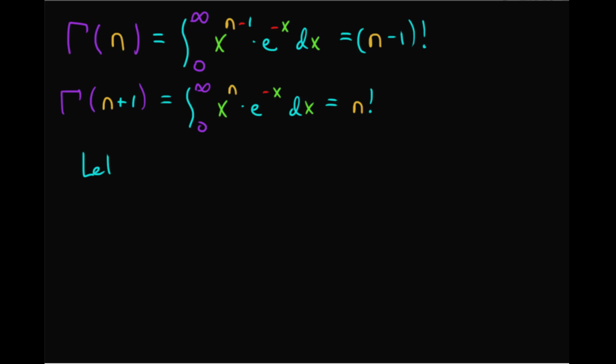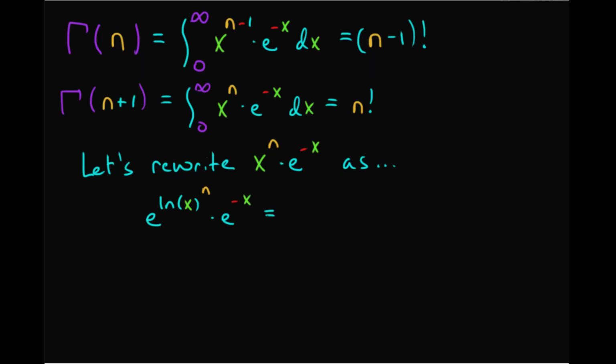So we've already seen that for large inputs, the gamma function has a sharply peaked global maximum, which makes it a good candidate for approximation by Laplace's method. So I'm going to start by rewriting our integrand x to the n times e to the negative x in a slightly different form.